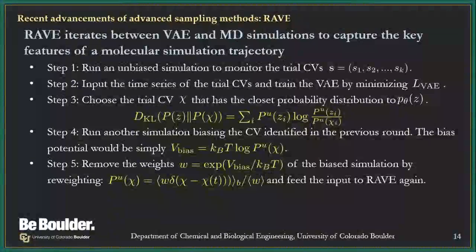So the final output CV that we get from the RAVE algorithm is still physically interpretable, because it is based on the original candidate CVs we chose at the beginning. It could be either one of them or some simple mathematical function of those collective variables. Does that answer your question?